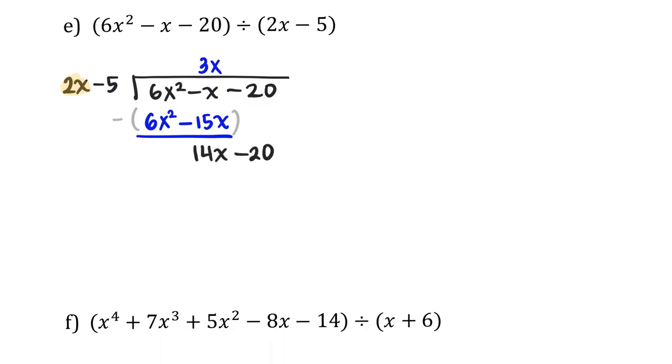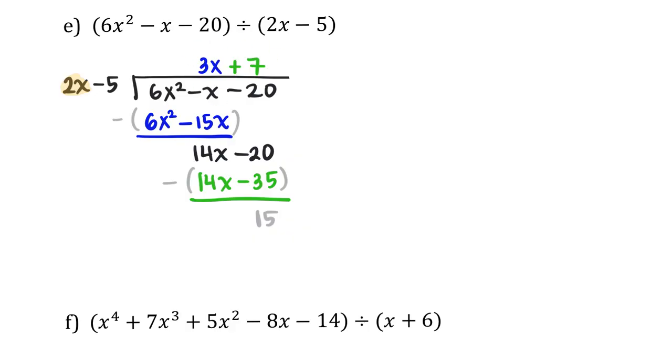Okay, 2x times 7 gives me 14x. 7 times 2x, 14x. 7 times negative 5, negative 35. Okay, subtract down. 14 minus 14 is nothing. Negative 20 plus 35 is 15. Okay, and then that's my remainder.